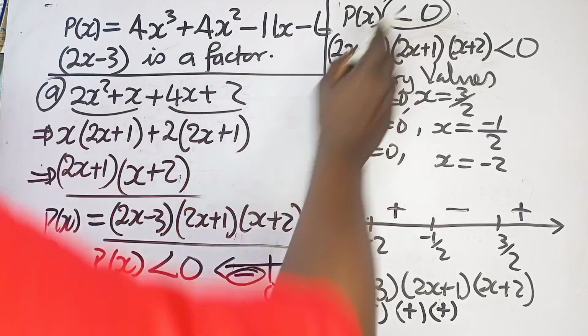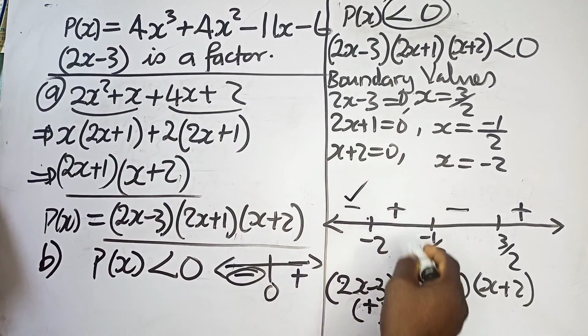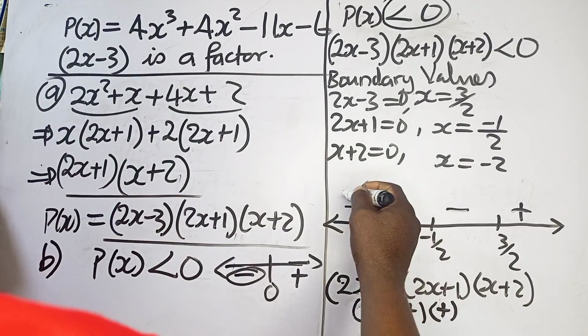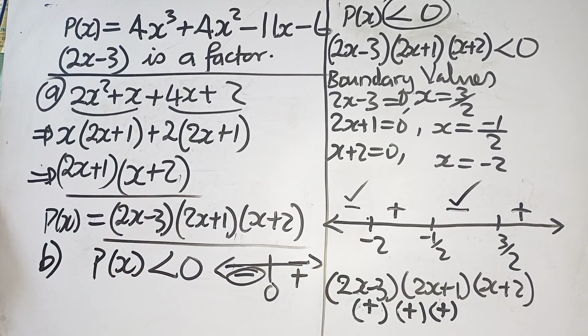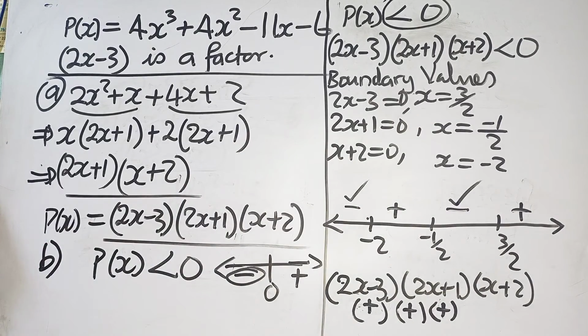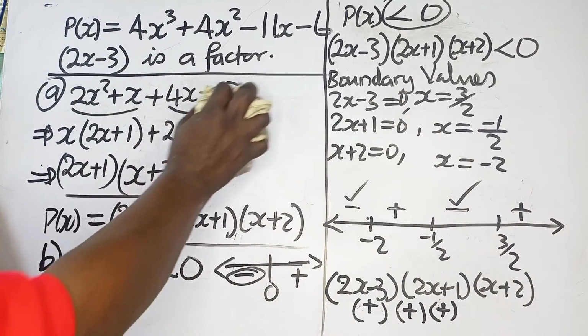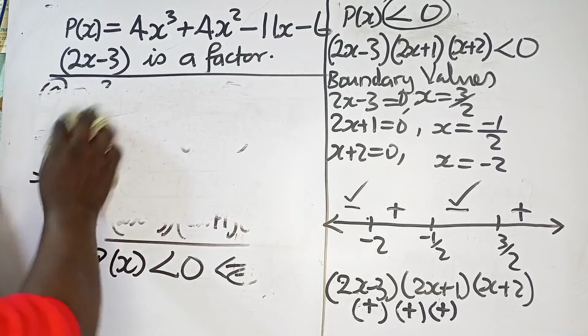We're talking about less than 0. Where do we have negative? This zone forms part of our solution. This zone forms part of our solution. So our solutions lie here or there. Okay. So now let's go ahead and bring out the solution set.